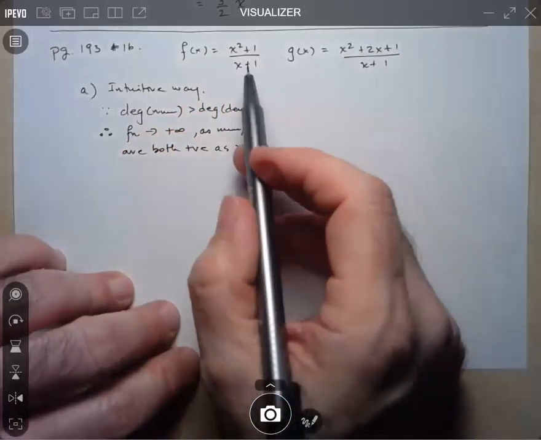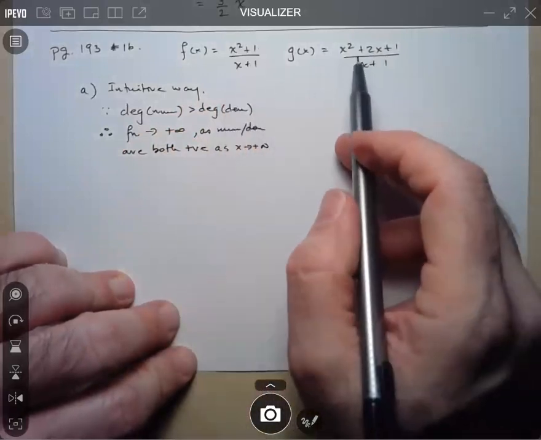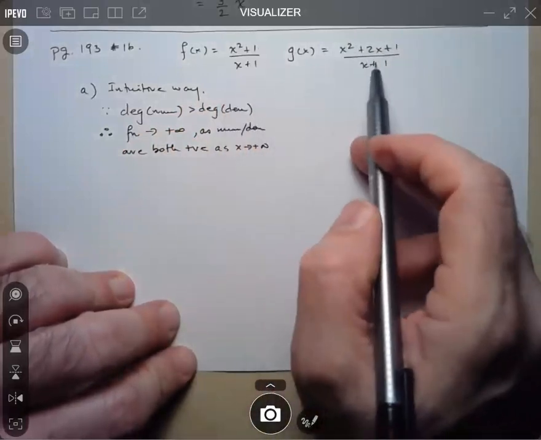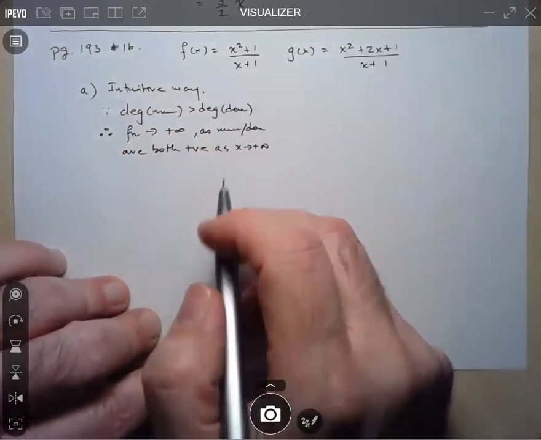Because here I'm taking a positive number, squaring it and adding 1. Here I have a positive number adding 1. Here, positive numbers all being added together, positive numbers all being added together. So I know it's going to positive infinity and not negative infinity.